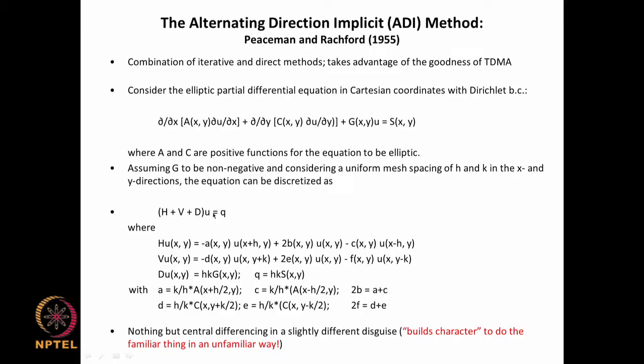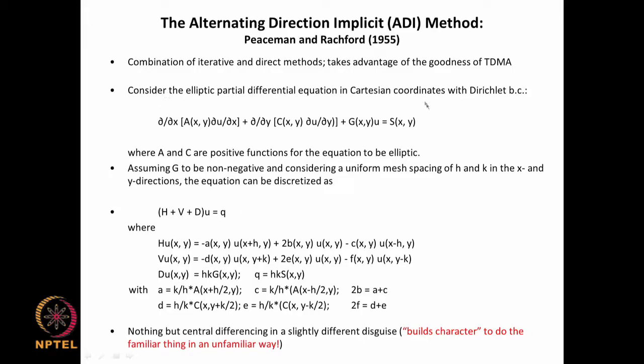So you have Hu given by minus a(x,y) times u at (x plus h, y), plus 2b(x,y) times u at (x,y), minus c(x,y) times u at (x minus h, y). Now this looks a bit complicated.